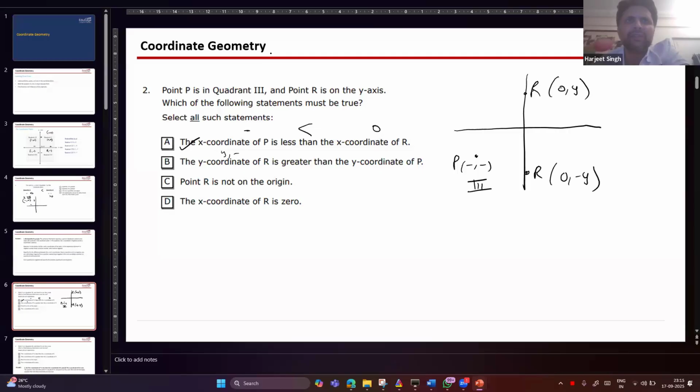Either Y or minus Y. And they're saying, is it greater than the Y coordinate of P? We do not know what that is. So R can be above P or R can be below P. So we can't answer. Not always true.